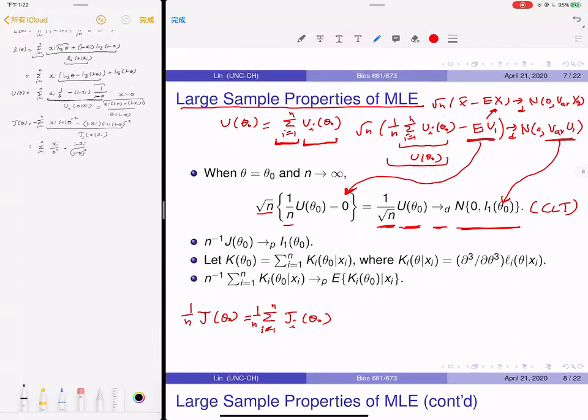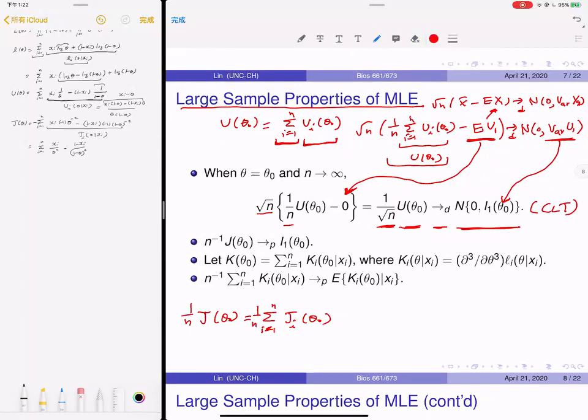The whole thing looks like J bar, a summation of J_i divided by n, nothing but X bars.